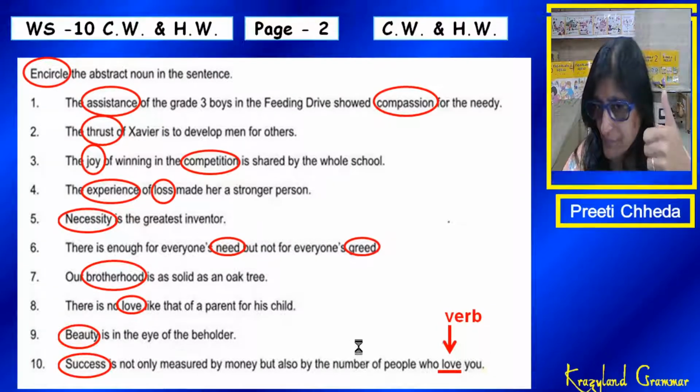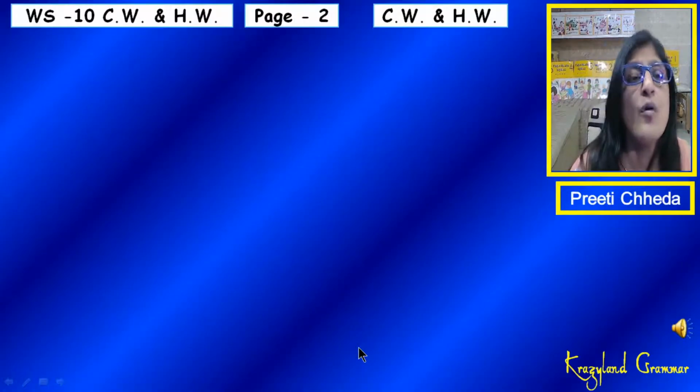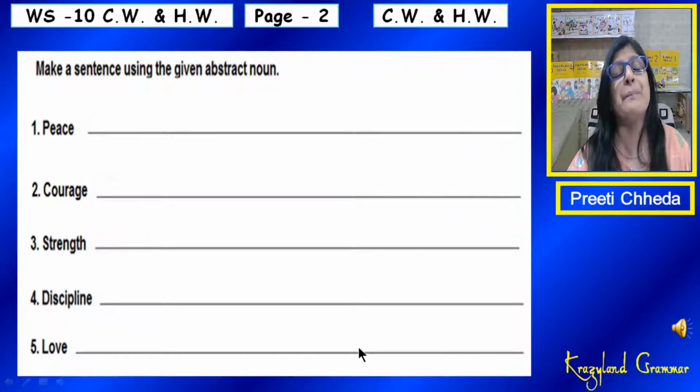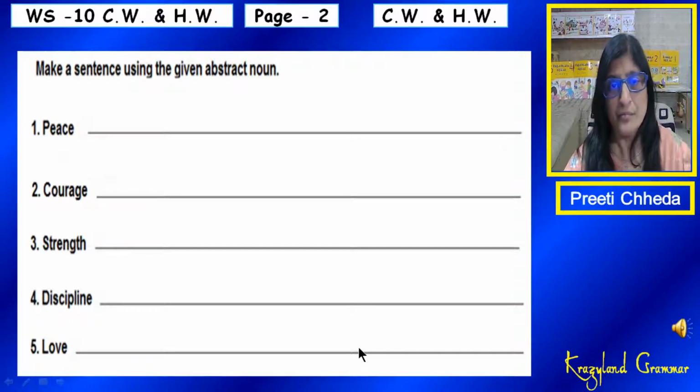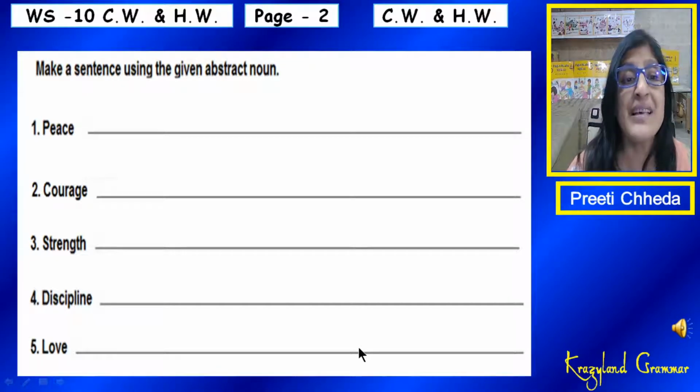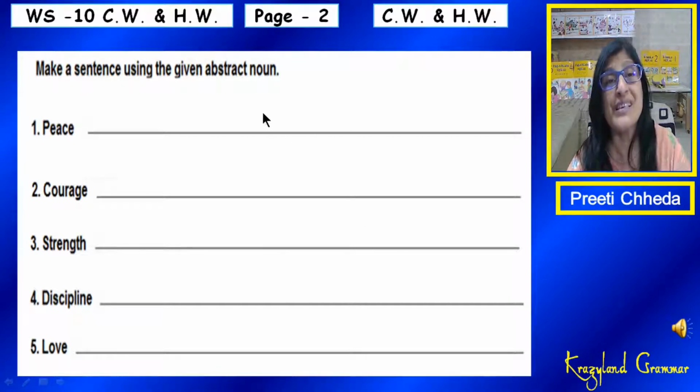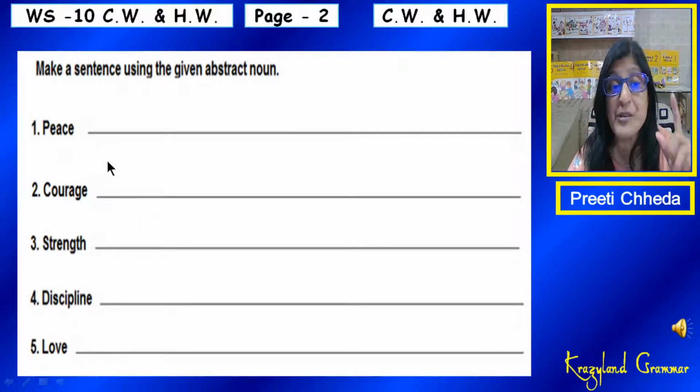Clear? Okay, now worksheet number 10, page number 2. Correct? The second part. First part was little बहुत भारी भारी था ना, थोड़ा ठीक है. And this is make a sentence using the given abstract noun. Now these you have to use as an abstract noun, especially when I'm talking about love.